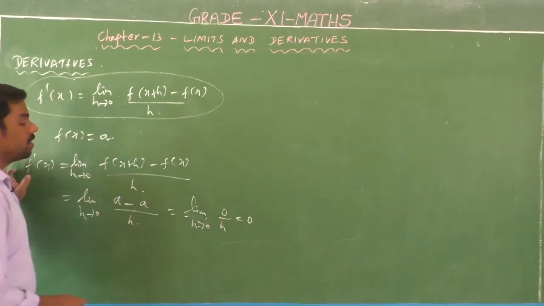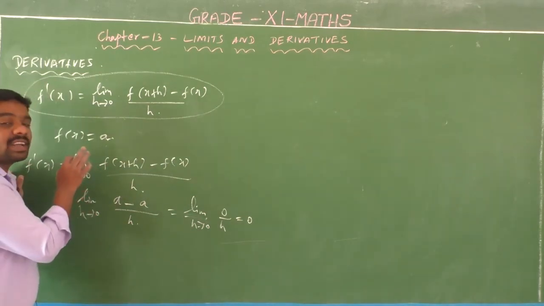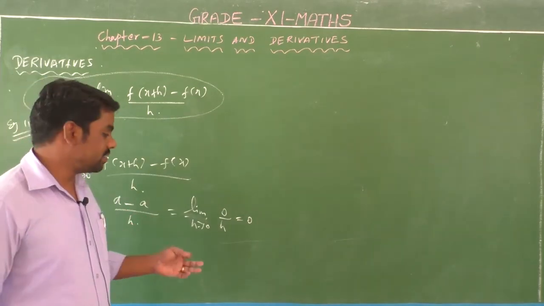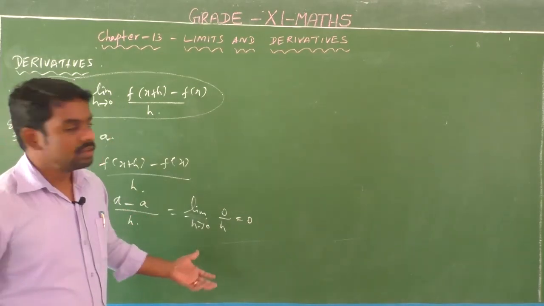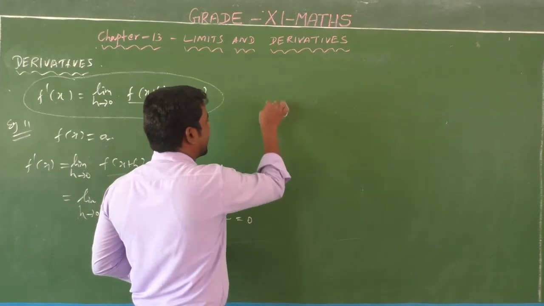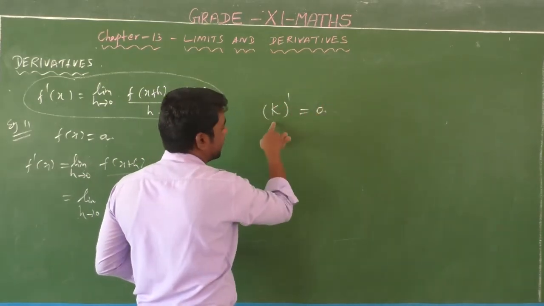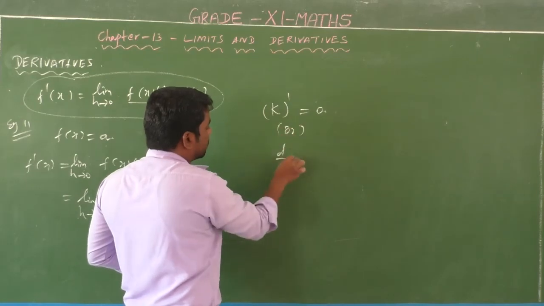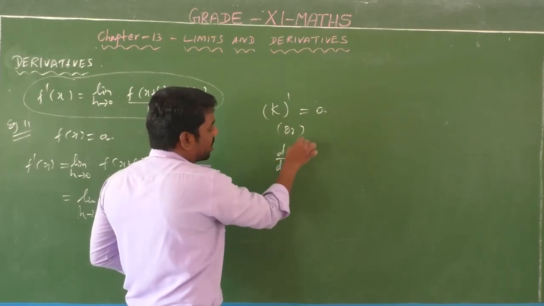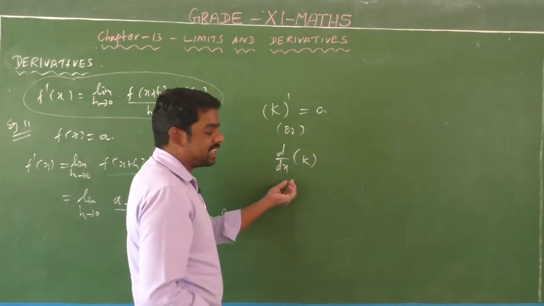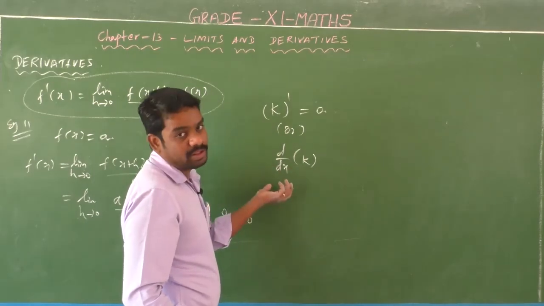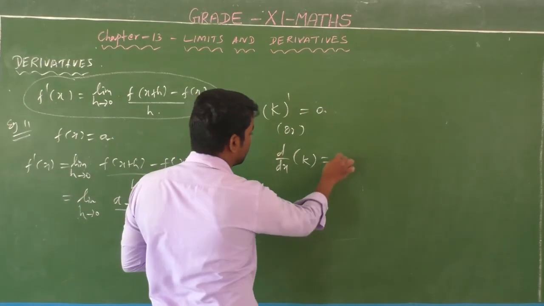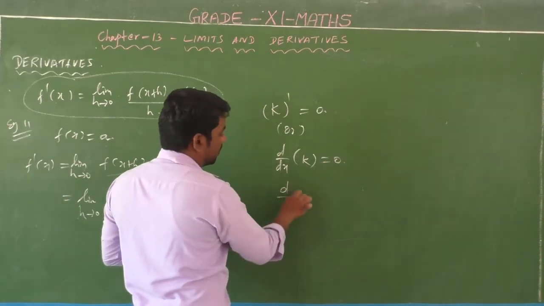Therefore, the derivative of any constant function is equal to 0. That means the derivative of k, (k)', is equal to 0, where k is any constant. So d by dx of k is equal to 0, and similarly d by dy or with respect to any variable.